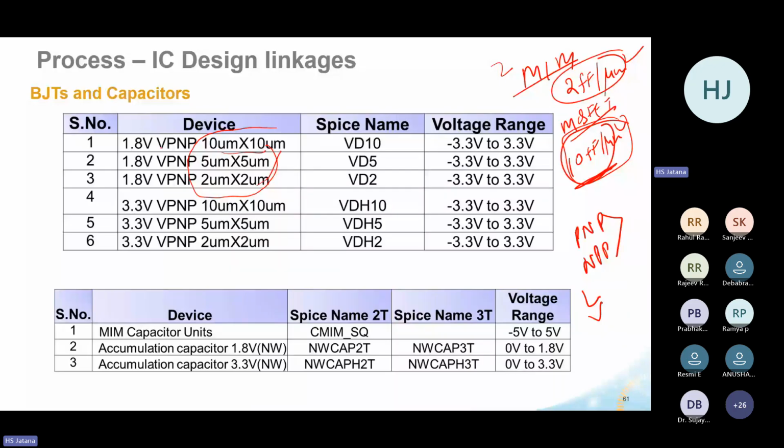These are the spice names, and these are the voltage ranges. So these devices are available, and you can use them. A BJT device is used in a circuit where you need to pump in a lot of current, maybe you are driving some actuator which needs around 100 milliampere or more. So you may use a BJT device to pump in that kind of current.